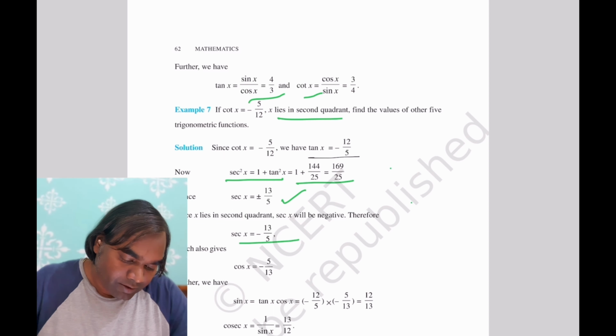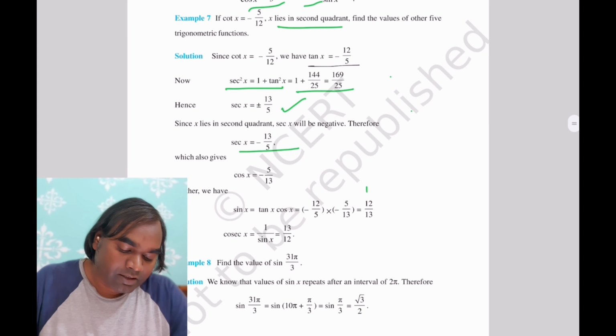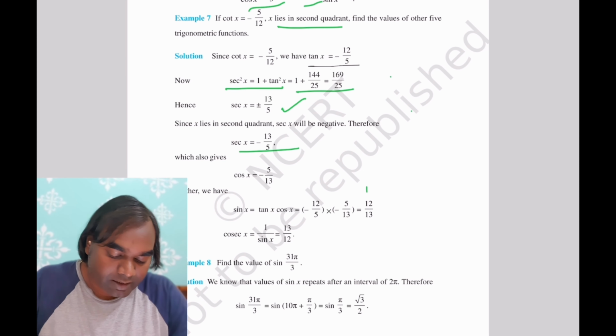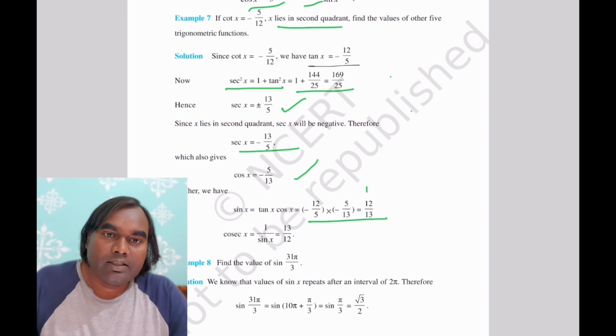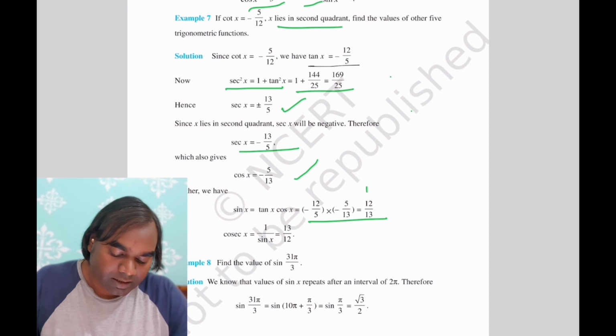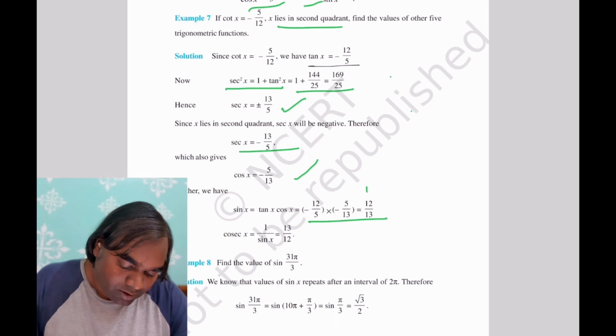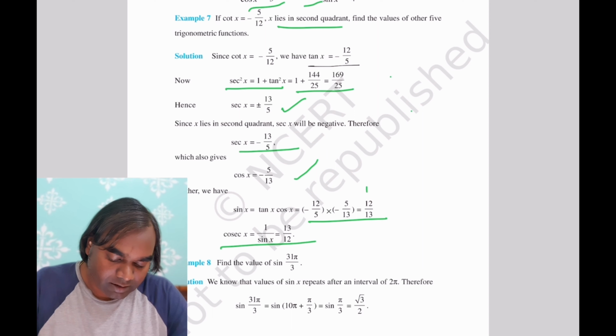Similarly, we can get cos x is equal to minus 5 by 13, that is the reverse of sec x. Further, sin x is equal to tan x into cos x, so we can calculate sin x is equal to 12 by 13, and therefore cosec x is equal to the reciprocal of sin x, that is 1 by sin x. Therefore cosec x is equal to 13 by 12. So friends, we can calculate in this way.